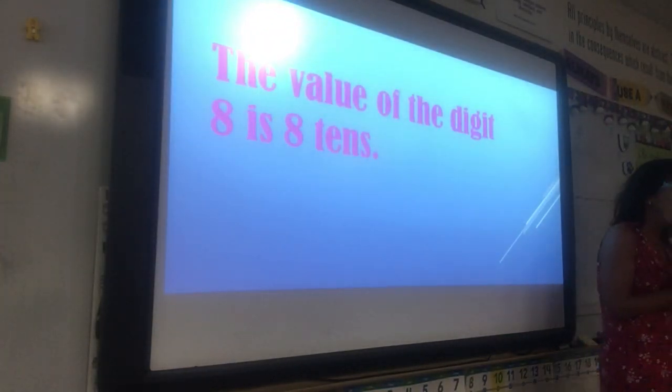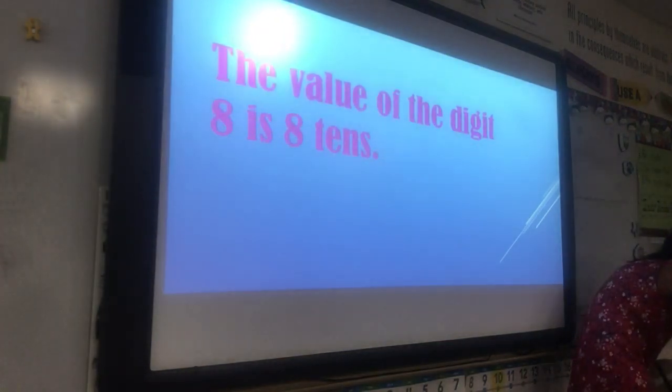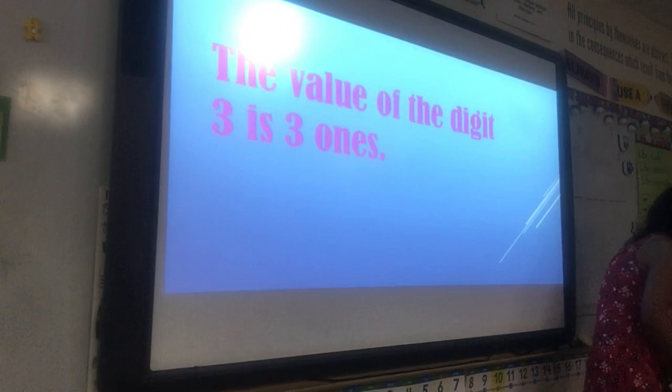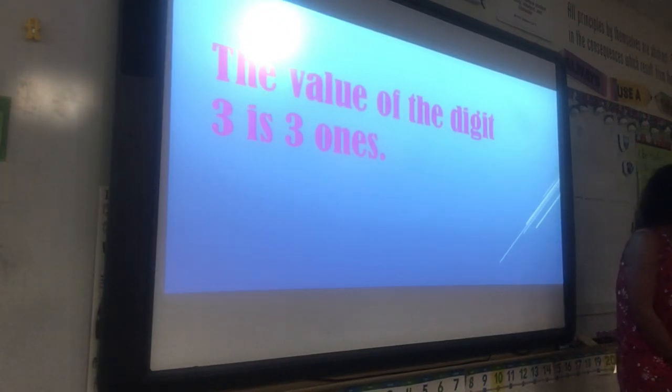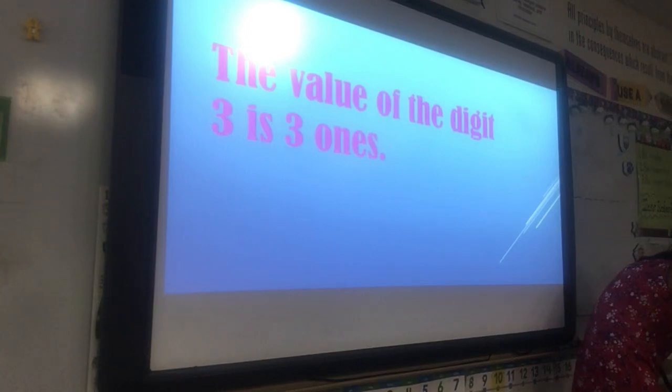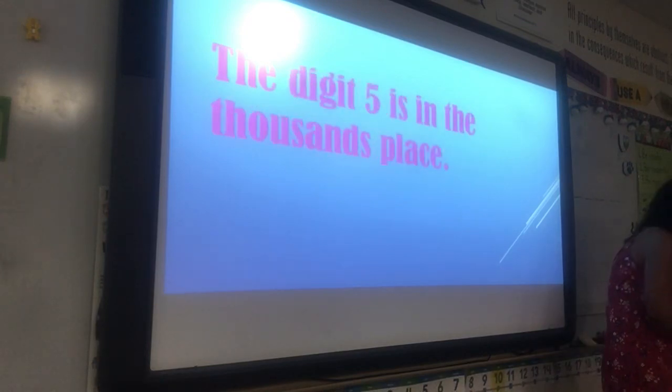The value of the digit 3 is 3 ones. The digit 5 is in the thousands place.